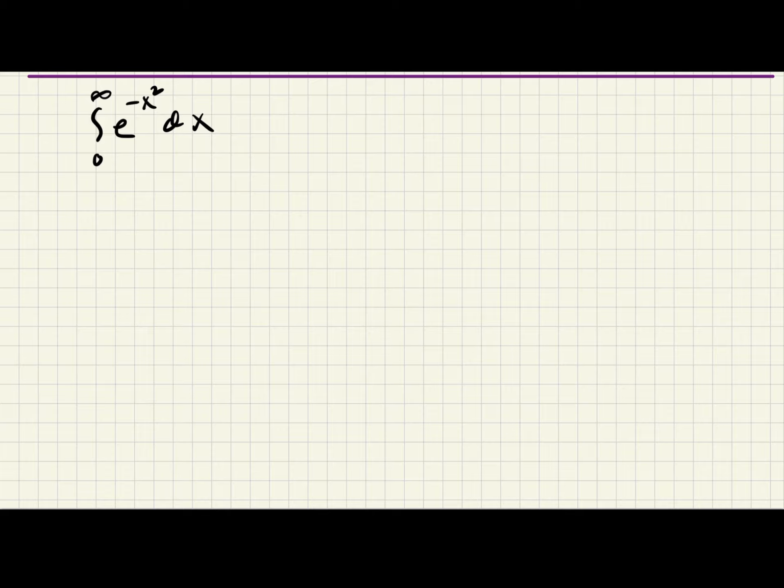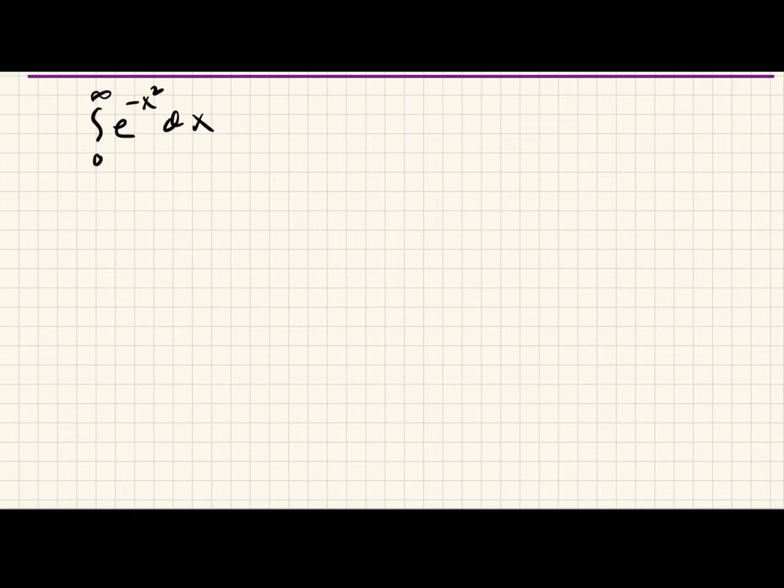Okay, we looked at 1 over x squared, we looked at 1 over x, we know about those. Those are either convergent or divergent. E to the x, well, I'm thinking about that, as x goes to infinity, e to the x goes off to infinity.